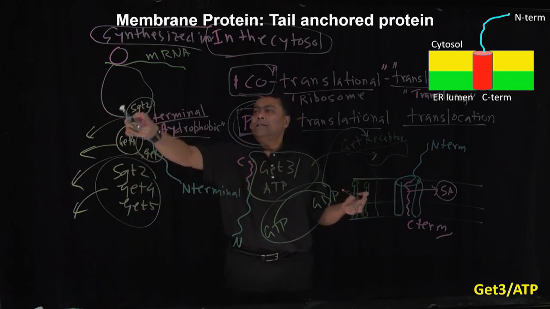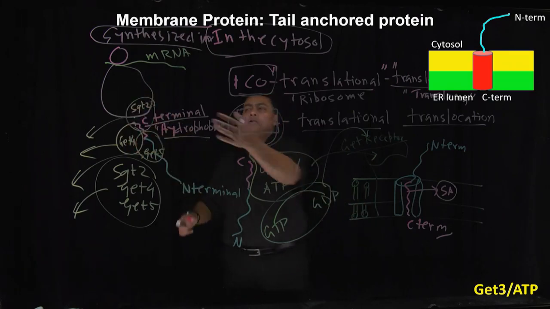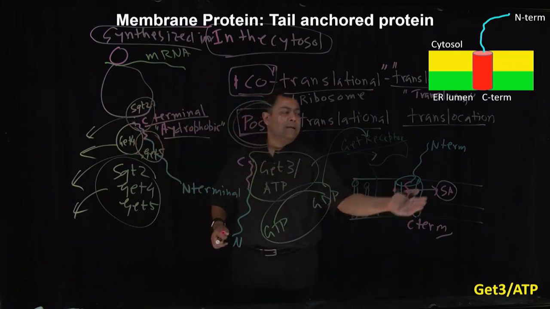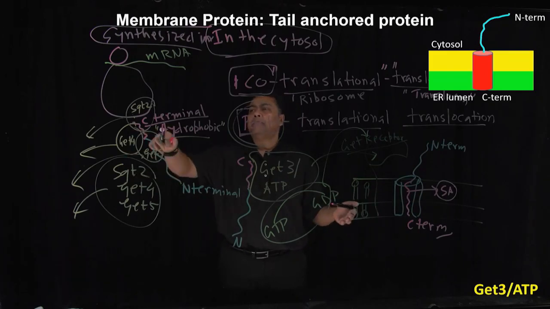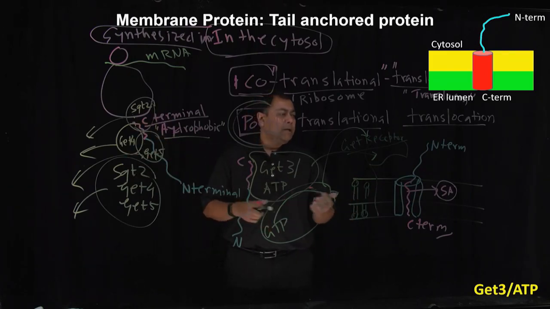Because unless the C terminal is appearing out from the ribosome, there is no way that it can be recognized. The signal anchor cannot be recognized by the proteins, so that's why it is completely synthesized in the cytosol.